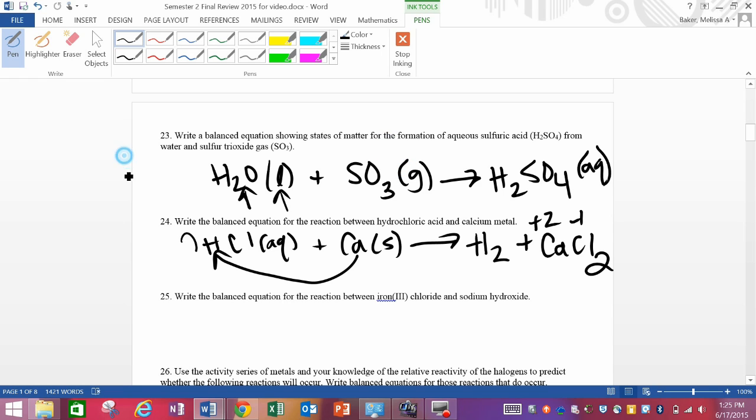We're not balanced, we need a 2 out front. And then, states of matter, H2 is a gas, hydrogen, and calcium chloride, that's ionic. So if you've got something that's dissolved in water, and then you've got something ionic, it's going to also dissolve in water. So that gets an AQ.